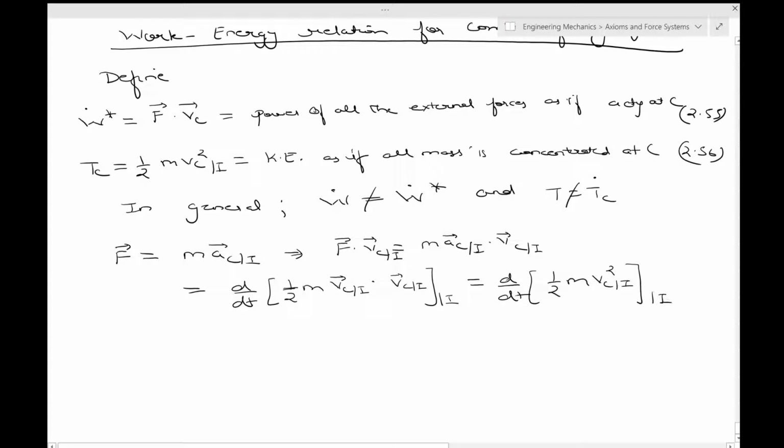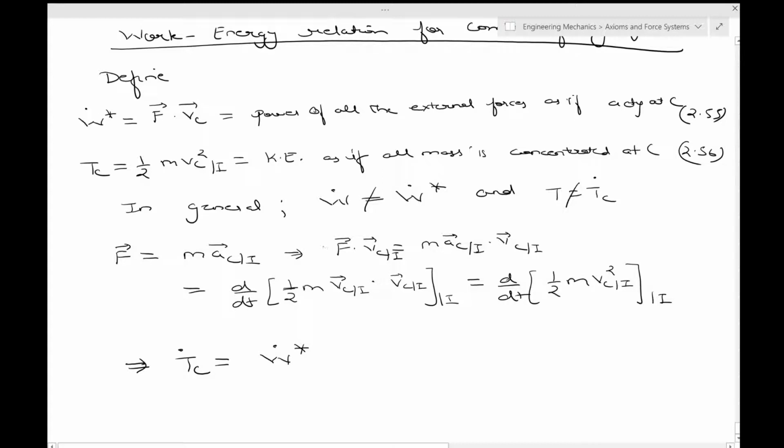This derivative is taken in the I frame, that's why this I is coming over here. This is nothing new. We always write the time derivative with respect to the I frame or any other frame which is specified. So Tc dot is actually equal to W dot star.